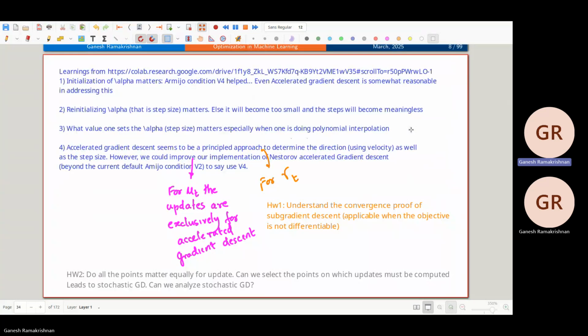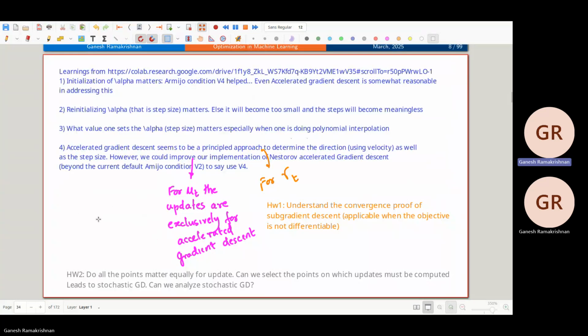So I can have my gammas also obtained using some polynomial interpolation. But even in that case, the initial value, gamma, alpha, whatever you want to call it, matters.